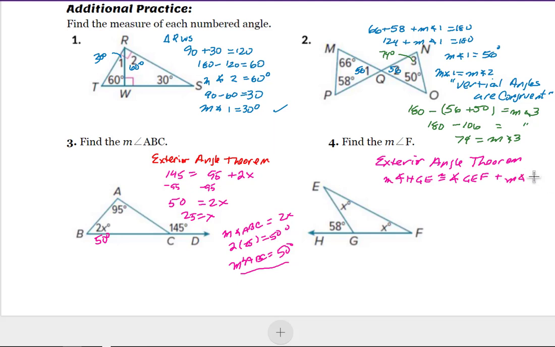So I'm just showing there the exterior angle theorem using the angle measures. When we plug the numbers in, 58 is equal to x plus x, or 58 is equal to 2x, which means that x must be 29. And they want us to find the measure of angle F. The measure of angle F is 29 degrees.